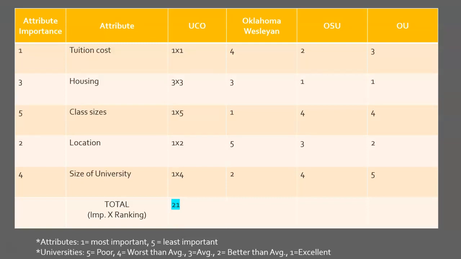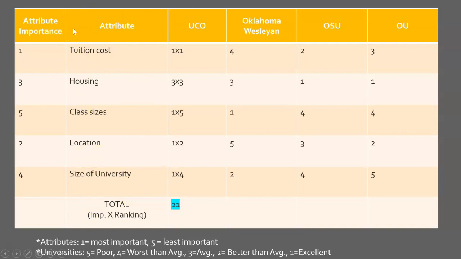So the first thing you're going to do is pretend this is blank. You're going to say, okay, what are my options? So obviously UCO was one. These are the three other options the class picked. From there, you're going to say, what attributes are important to me?